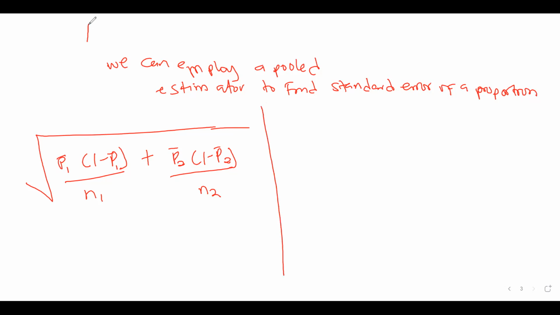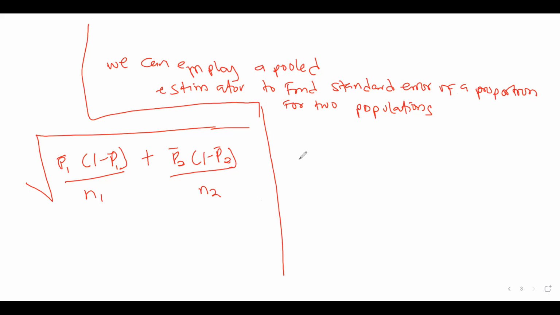When you want to employ a pooled estimator to find the standard error of a proportion for two populations, mathematically you should get the same answer as this formula, but there's another way to do it. Sometimes the question will say to use the pooled estimator, but if it doesn't, you get the same answer with this one.